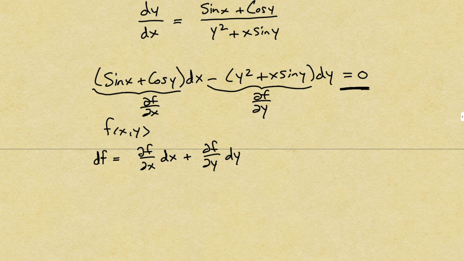So if it was some total differential equal to 0, it would mean that our function f would have to be equal to a constant. And of course, you probably learned in class, this is the whole idea of exact equations. We want to find this f function for our specific case in our equation, and then set it equal to a constant, and then basically we're done.